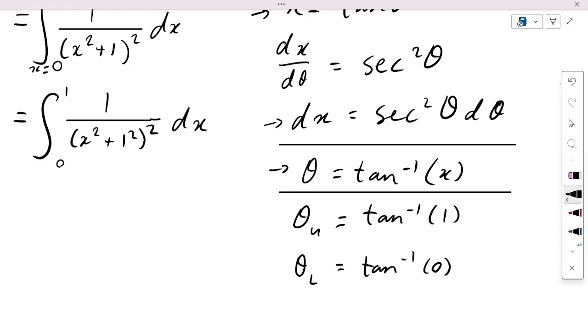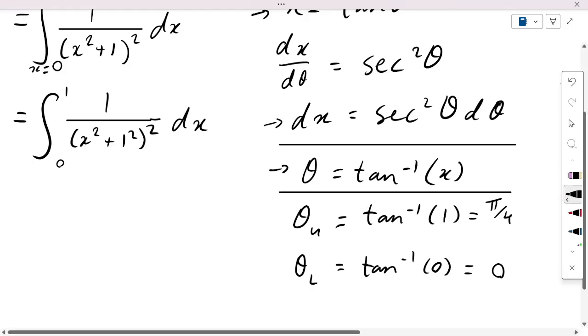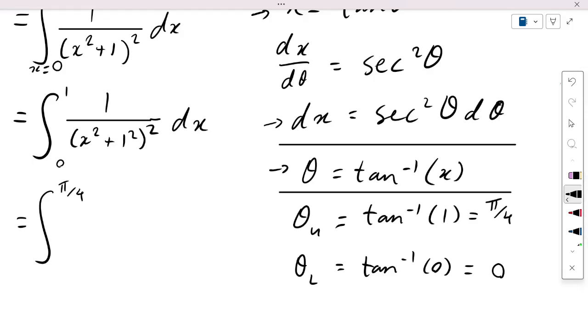Arctan of 1 is just equal to pi over 4, and arctan of 0 is just equal to 0, according to our graph. So now that we have these two, we have our new upper and lower limits, meaning we're going to write it like this. We're going to have pi over 4 as our new upper limit, and 0 as our new lower limit.